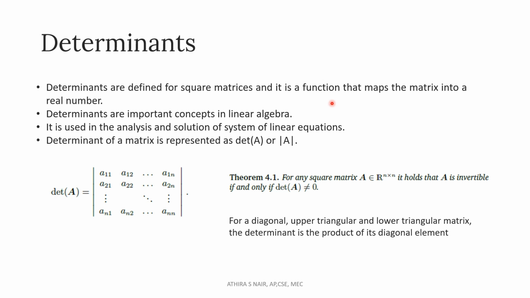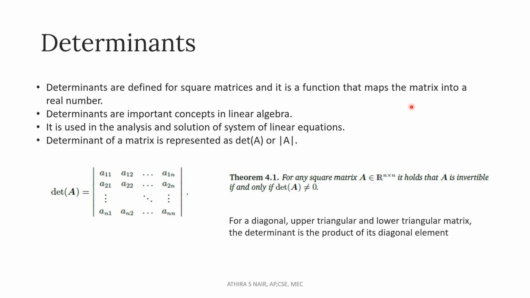Determinants are defined for only square matrices, and it is a function that maps the matrix into a real number. So determinants are important concepts in linear algebra. A determinant is a mathematical object in the analysis and solution of systems of linear equations.